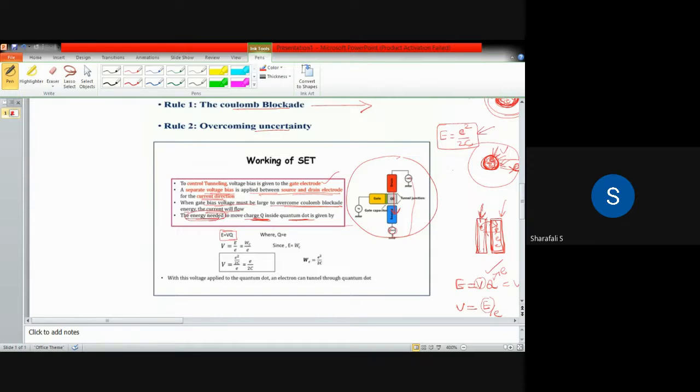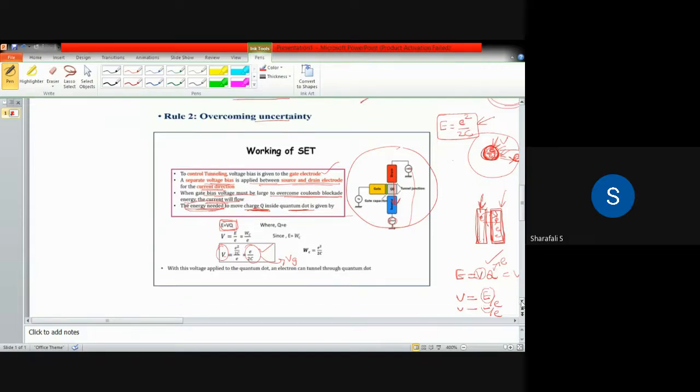The energy needed to move charge Q inside the quantum dot is given by this equation, and from there we have considered this potential. So this much potential you have to apply for the gate voltage Vg. Then only can the energy of the electron overcome the Coulomb blockade.